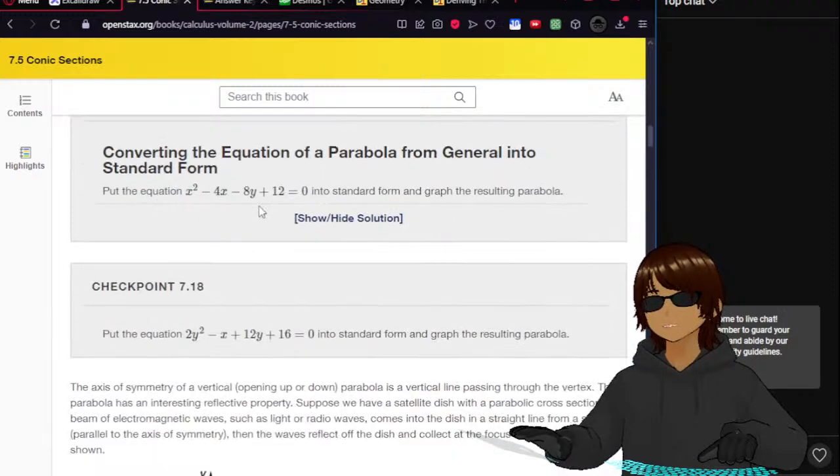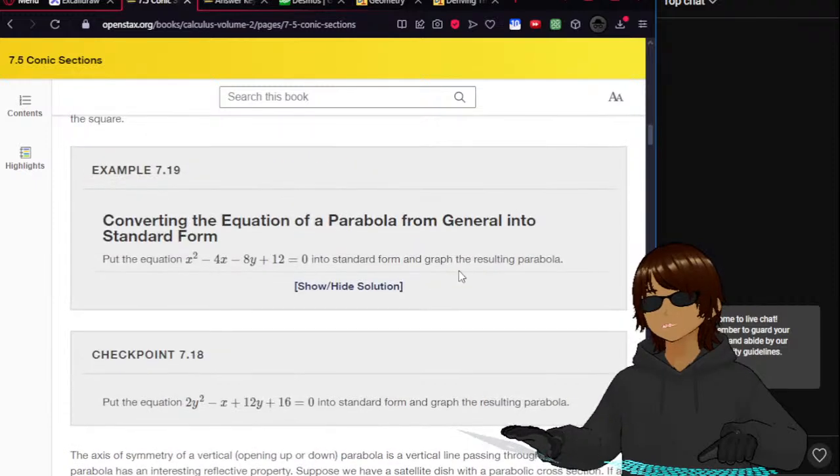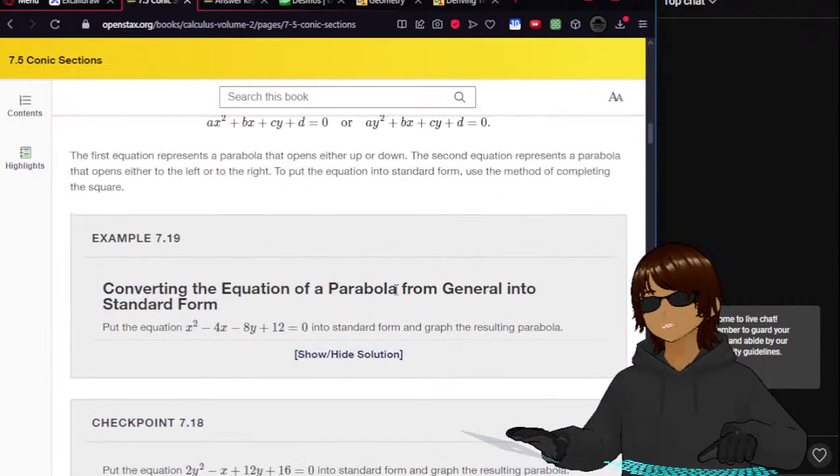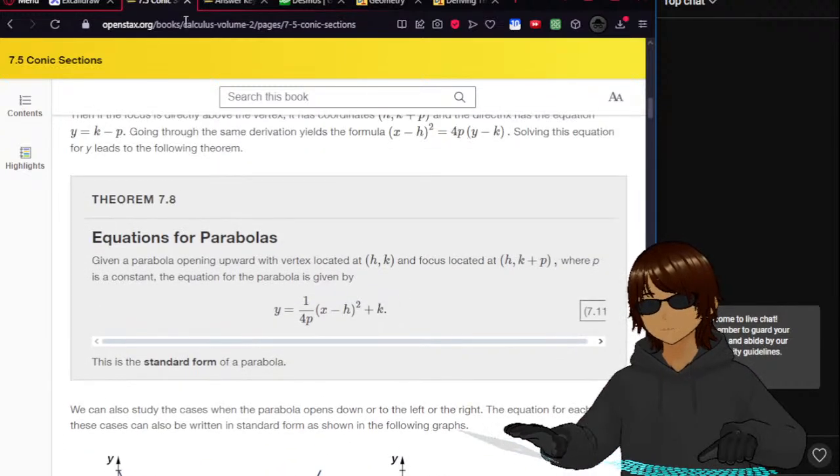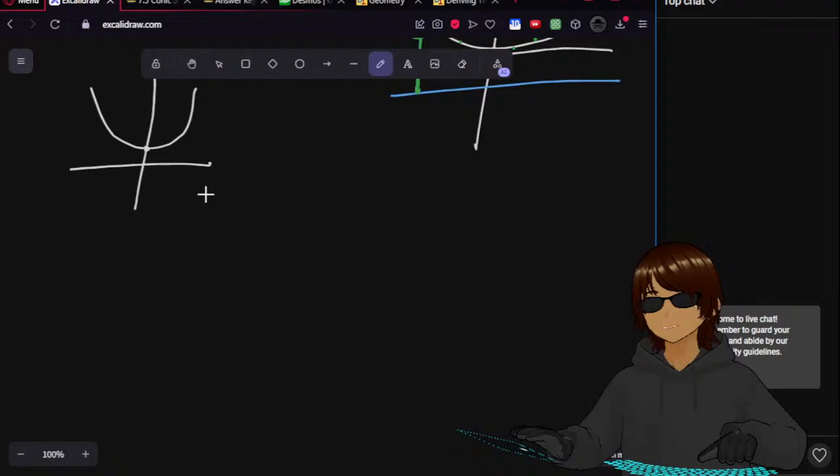Put the equation into the standard form and graph the resulting parabola. So standard form is like this.